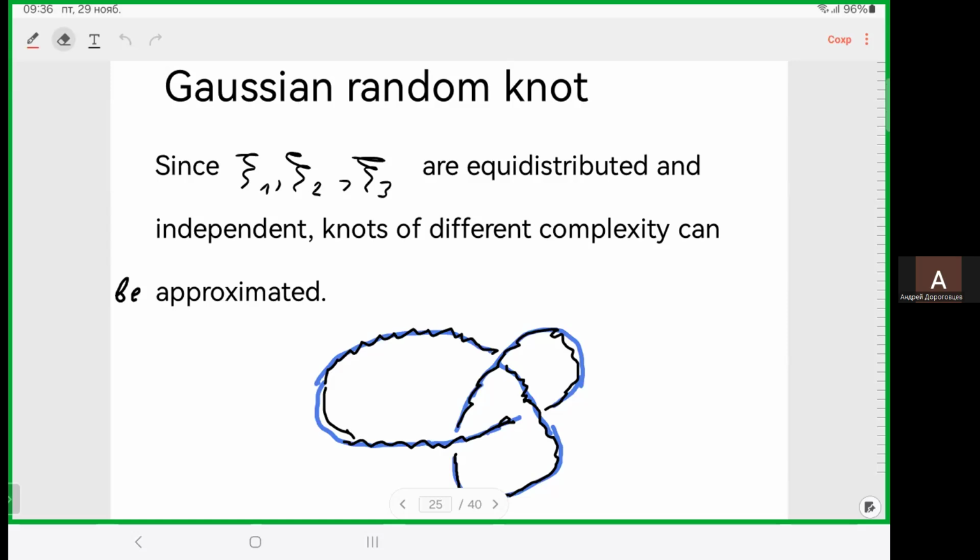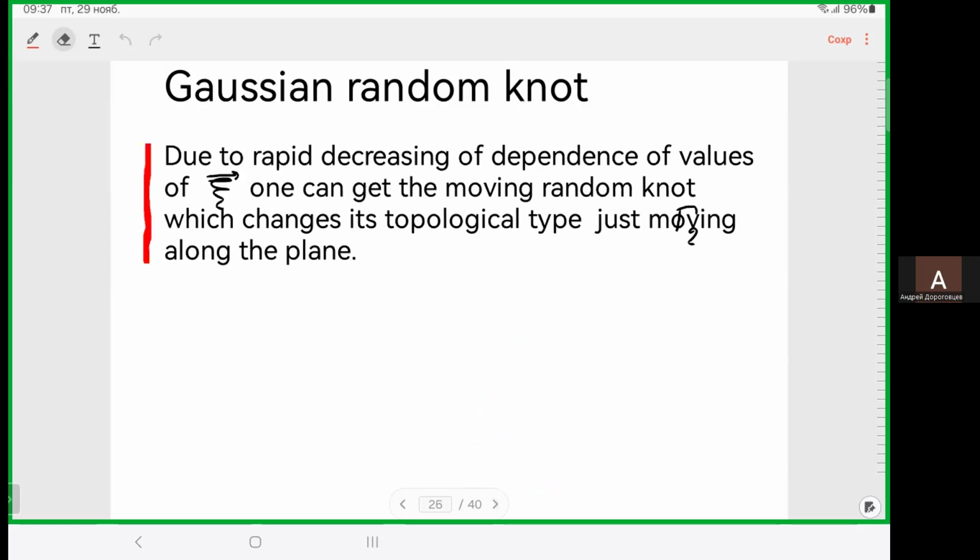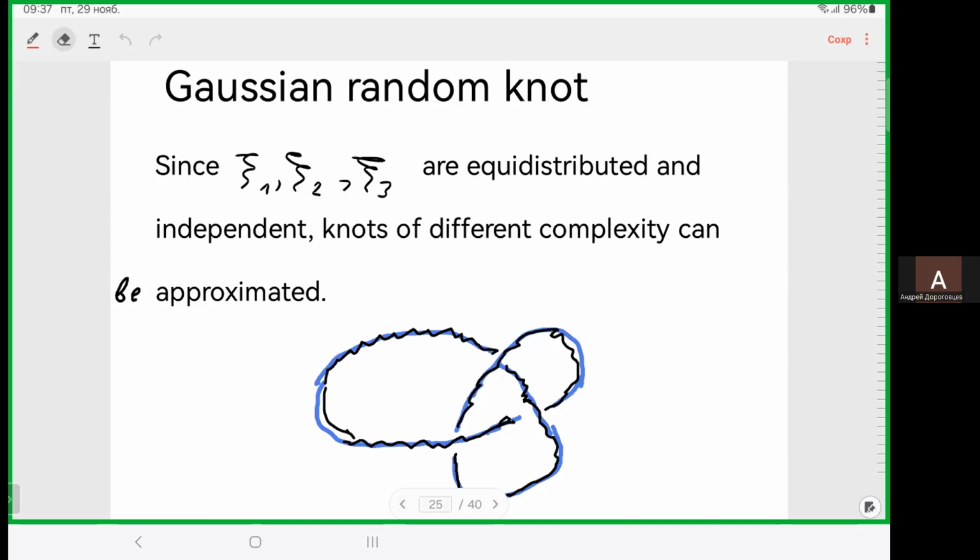As we discussed in the previous lemma, we can find an epsilon tube near this trefoil which contains our random curve. From this point of view, one can say that maybe the complexity of our obtained knot is no less than the complexity of the trefoil. But this is not the whole proof.